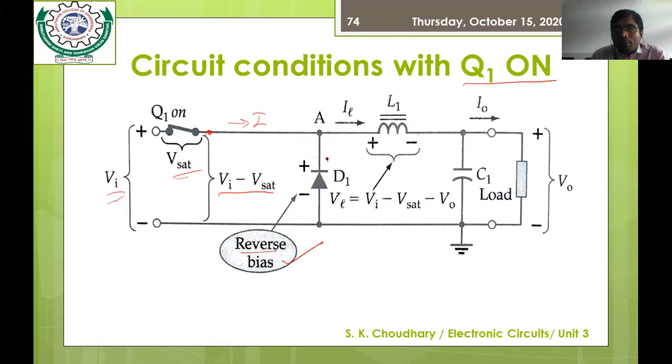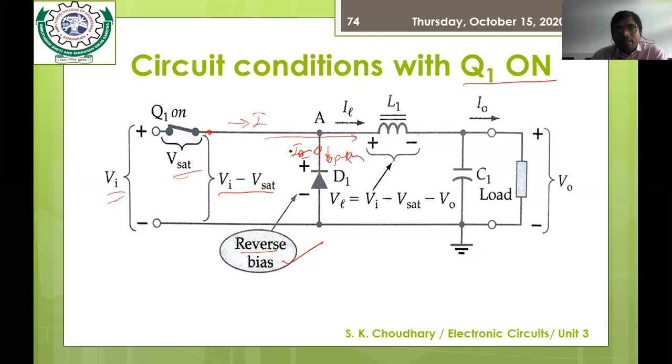In reverse bias, it acts as an open circuit, and no current flows across it. The current through the diode is zero, meaning no voltage drop across the diode. The whole current starts to flow from the input towards the inductor.